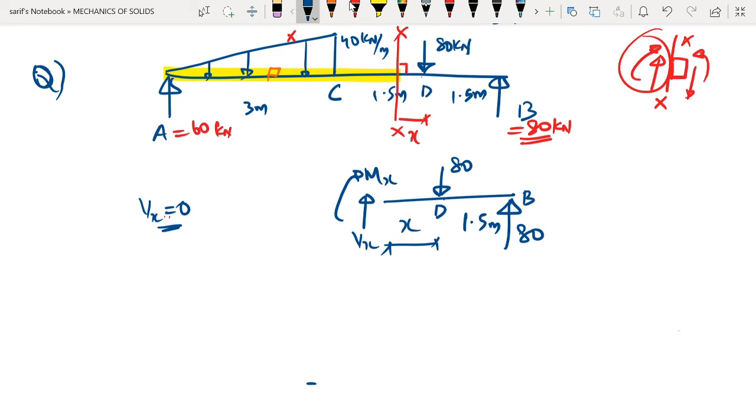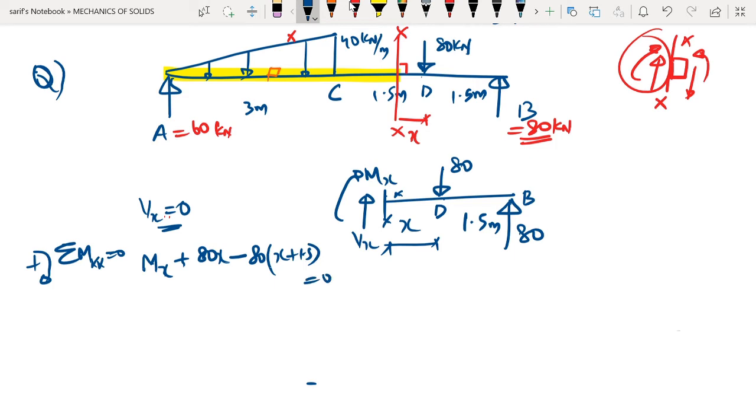and to calculate Mx, we will take moment about this section xx. So if we consider moment about this section xx equal to 0, we will have Mx plus 80x minus 80 into x plus 1.5 equal to 0. So if you simplify it, we will get Mx as plus 120 kilonewton meter. It's a constant value.